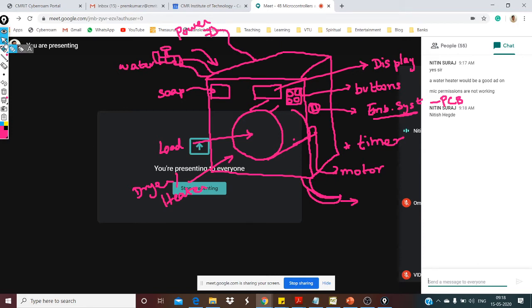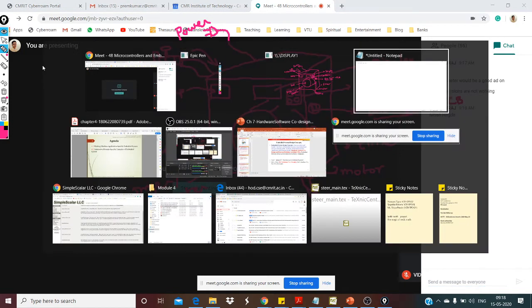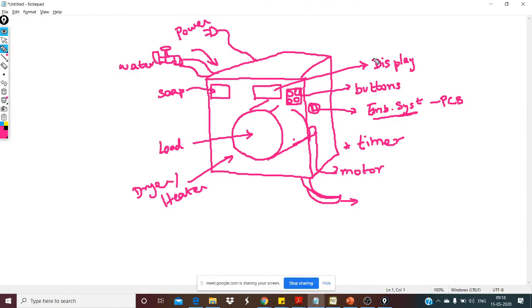Right. So I want you to tell me what these buttons do. The display and buttons, right? I just want you to explain what kind of things it does. We can set the mode of washing.